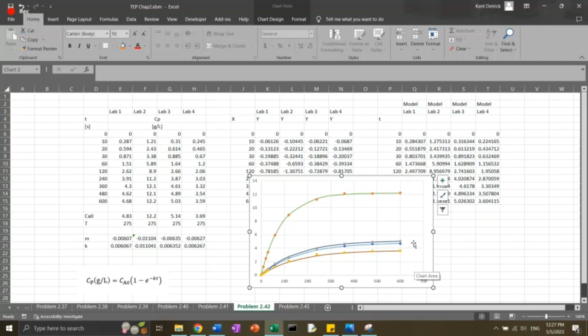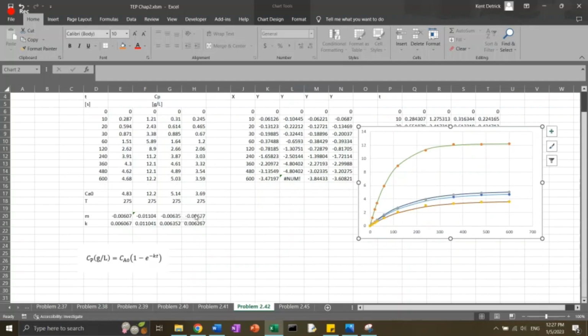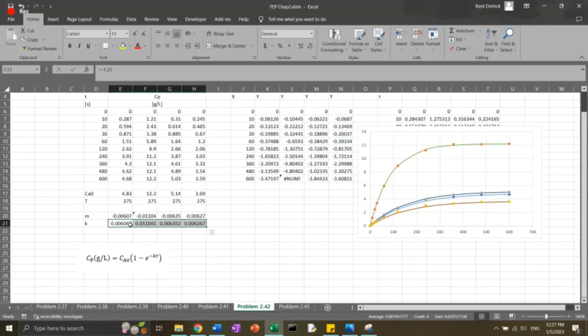Okay, so it says use the results in part B to come up with a good estimate for the value of K. Explain how you did it. Okay, so what we want to look at here is these different K values, and you can see right away that this value is way different than these values. So that's an outlier. I would not include that in the average.